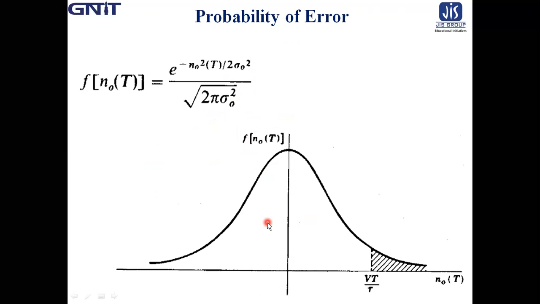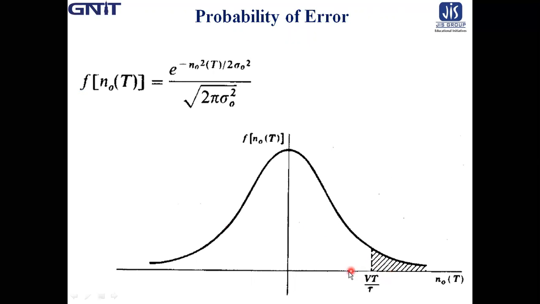Now suppose that during some bit interval, the input signal voltage is held at say minus V. Then at the sampling time, the signal voltage is s0(T) equal to minus VT by tau, while the noise sample is n0(T). Now, when does the error occur?